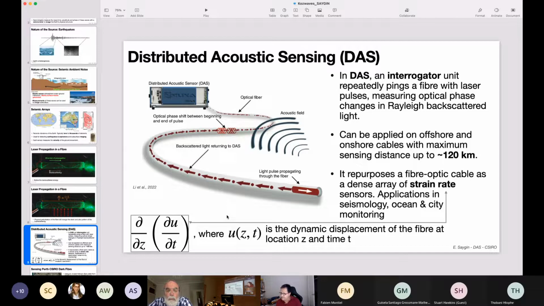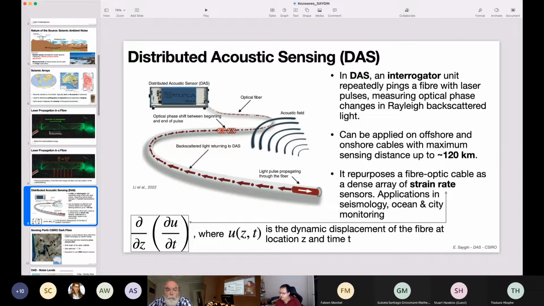Because of this flexibility, we can repurpose all available fiber optic cables as a dense array of strain rate sensors. Applications are not just in seismology; ocean communities are starting to use it to understand some complex processes, and also smart city monitoring, from monitoring traffic to pedestrian traffic as well.